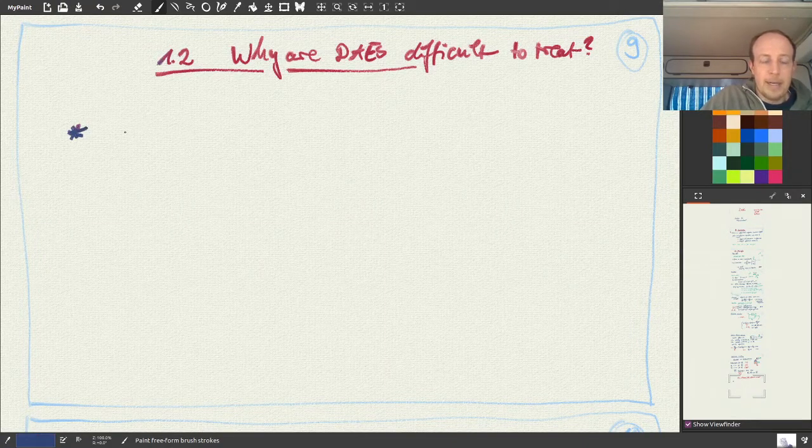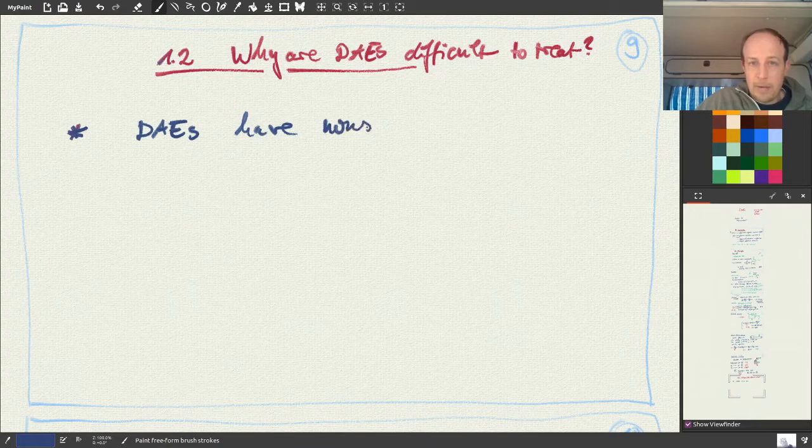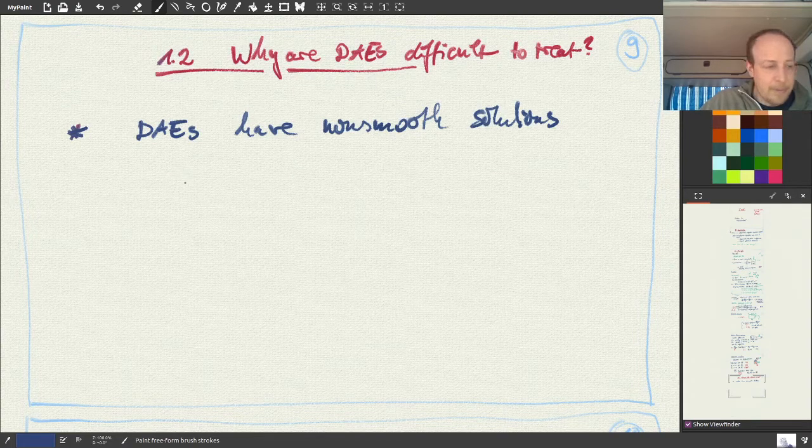So why are they difficult to treat? They will very likely have non-smooth solutions.